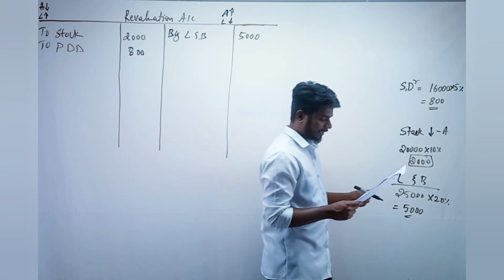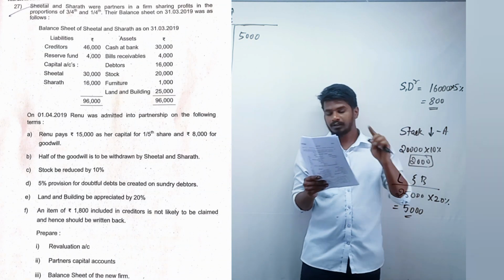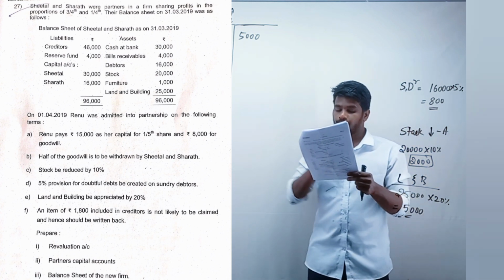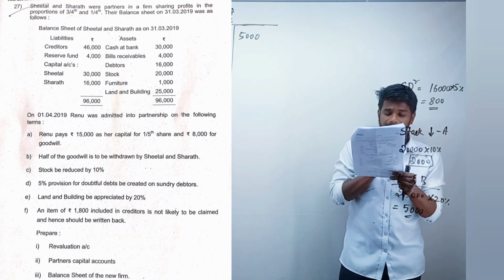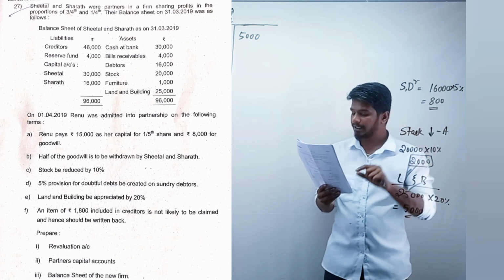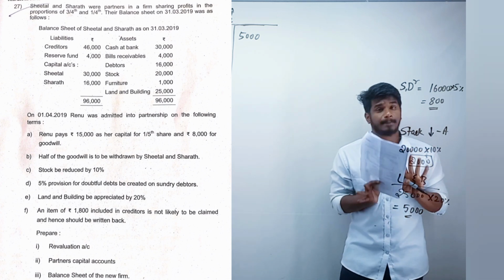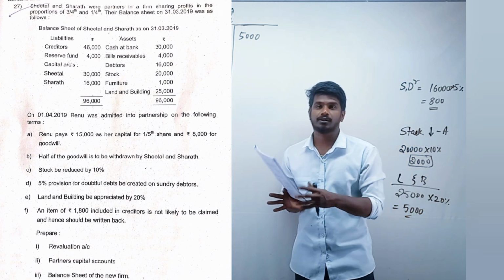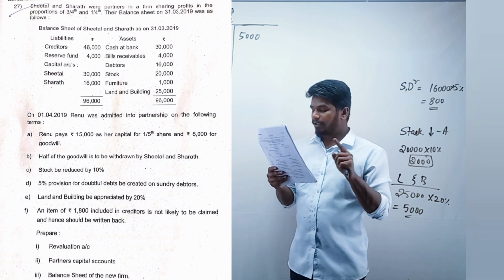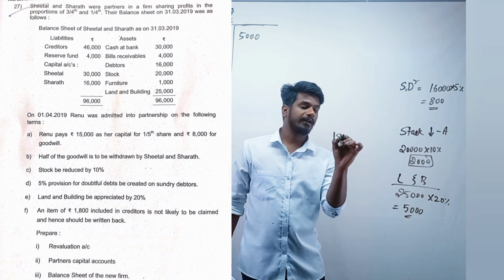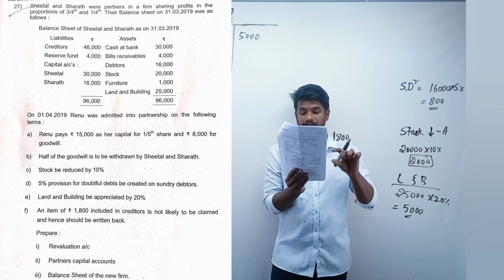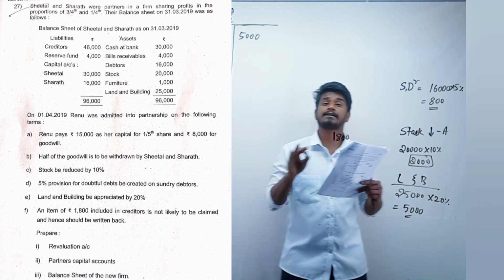Fine. Next, an item of 1,800. Listen carefully. An item of 1,800 in creditors is not likely to be claimed and hence should be written back. So what does it mean? The item of 1,800 is included in creditors. Where are the creditors in the balance sheet?